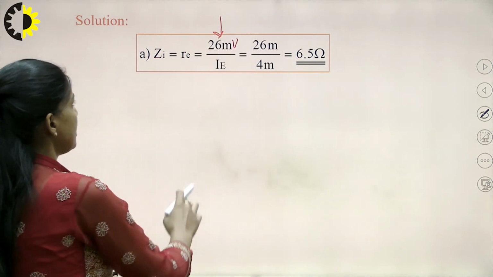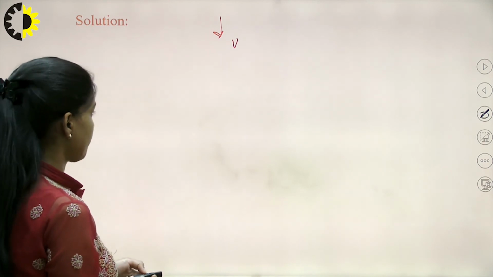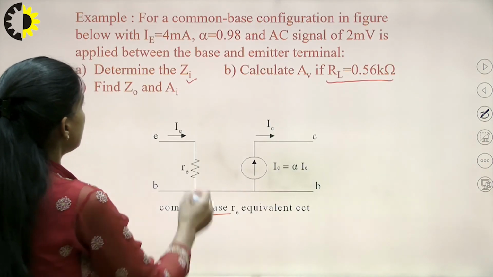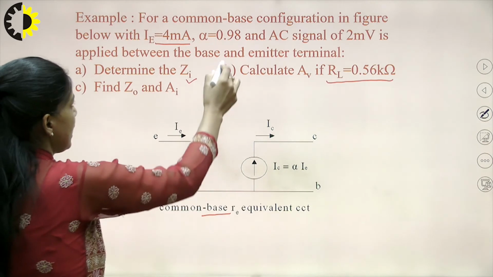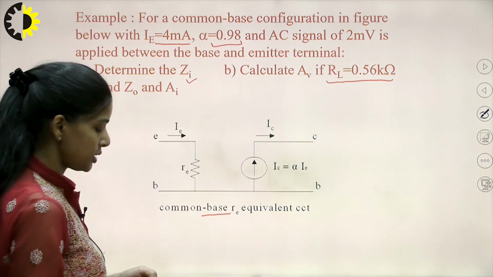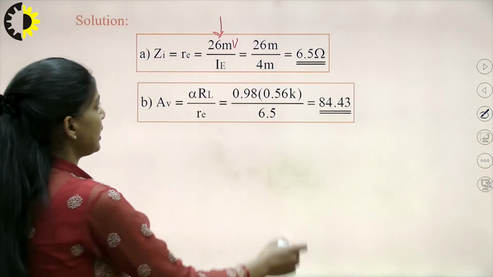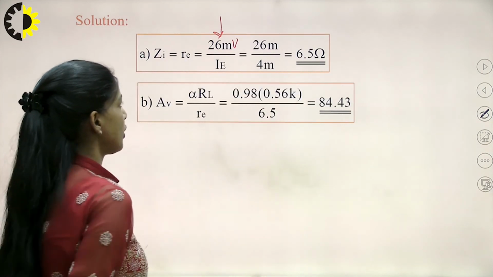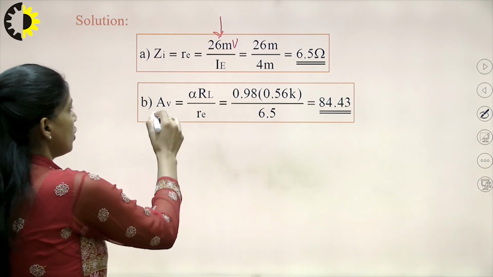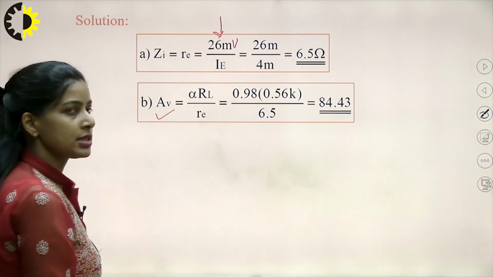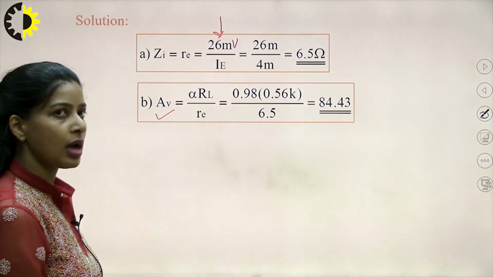So putting the values, IE here is given as 4 milliampere and alpha is given as 0.98. So putting these values, we can get this Z input as 6.5 ohm. Voltage gain we have calculated as alpha RL upon re.